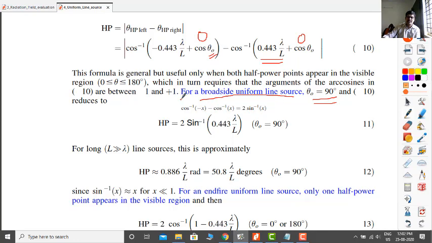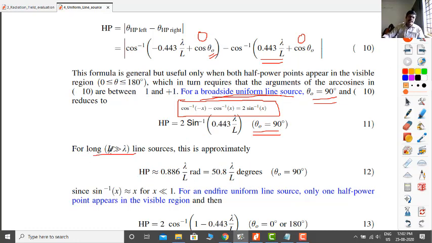There is a small derivation to get this relation. Therefore, HP equals sine inverse of the x value, that is 0.443 lambda by L, for theta 90 degree, that means broadside.